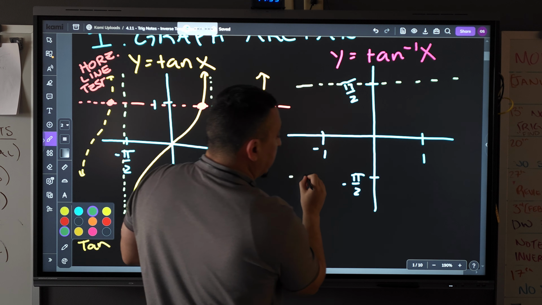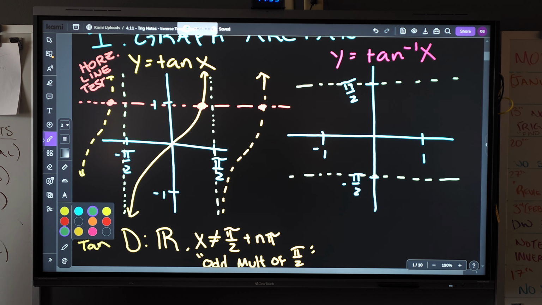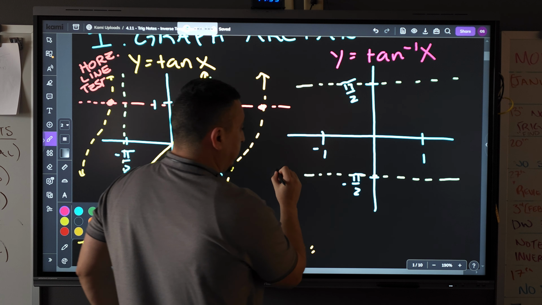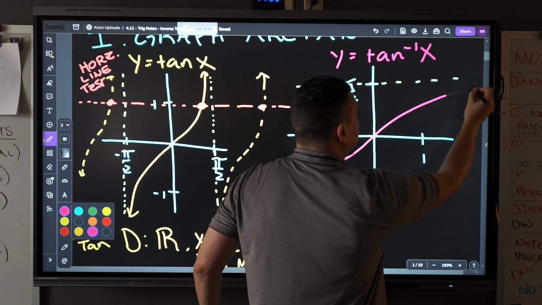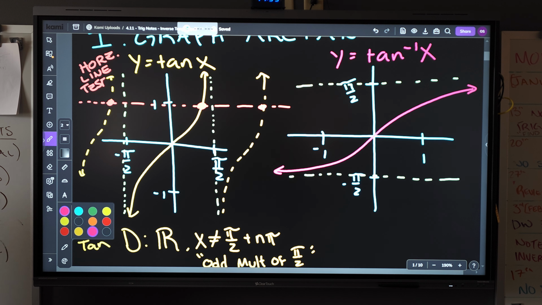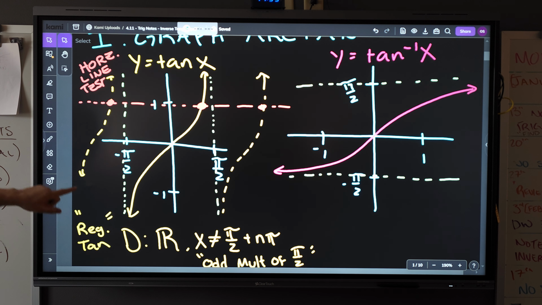So the asymptotes are like this, not like this no more. And then this is what the actual graph looks like. And this you got to know, guys. You got to know what it looks like. So we took that shape and it's flipped over. That, ladies and gentlemen, is the inverse tangent function.